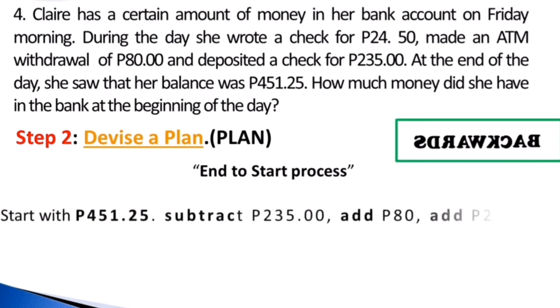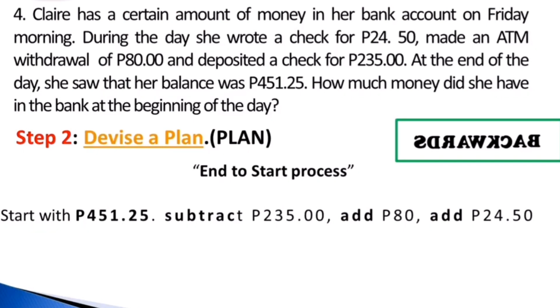So let's start with the end, which is the 451.25 pesos. Then there are some operations to be used here, and the operation to be used is opposite to the given action. For instance, start from 451.25 pesos because that is her balance.